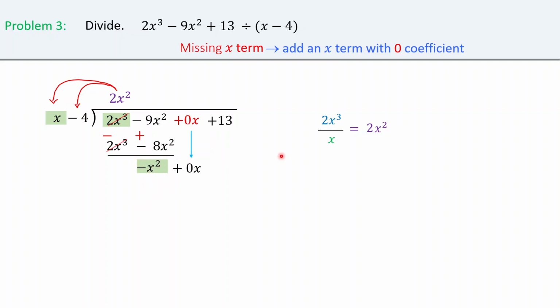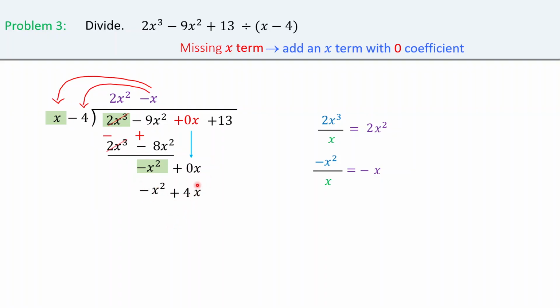Now take this first term divided by x: negative x squared divided by x is negative x. Now add this here. Next multiply negative x and x. You get a negative x squared. Now multiply negative x and negative 4. You get a positive 4x.